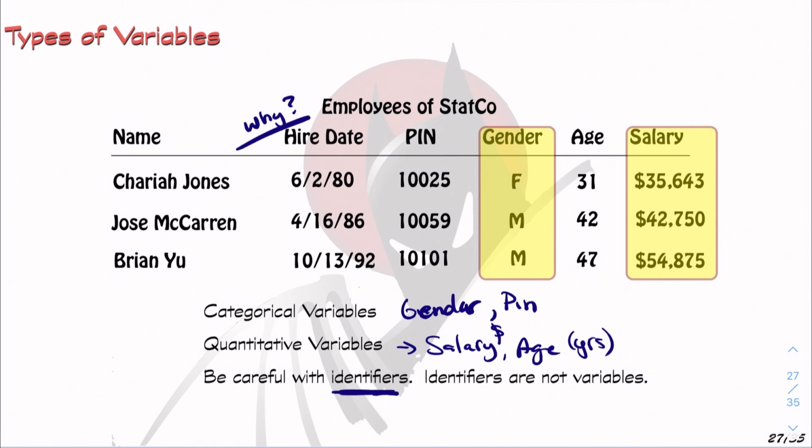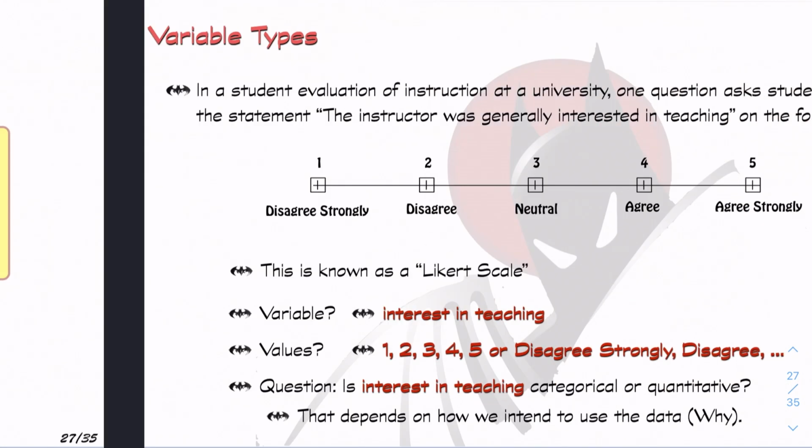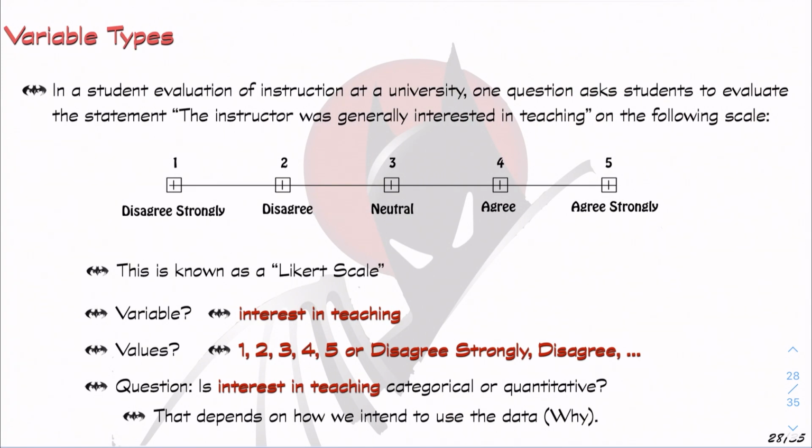It's a number. But what does this PIN signify, besides the person that it's attached to? Just like your zip code, if you think about the data we collected. Zip code is a number, but it's not either a categorical variable or a quantitative variable.